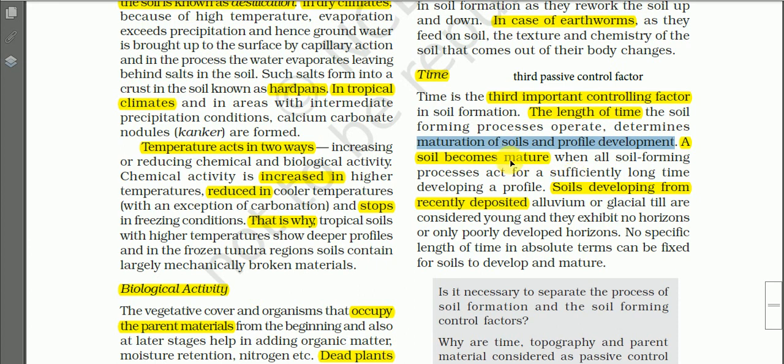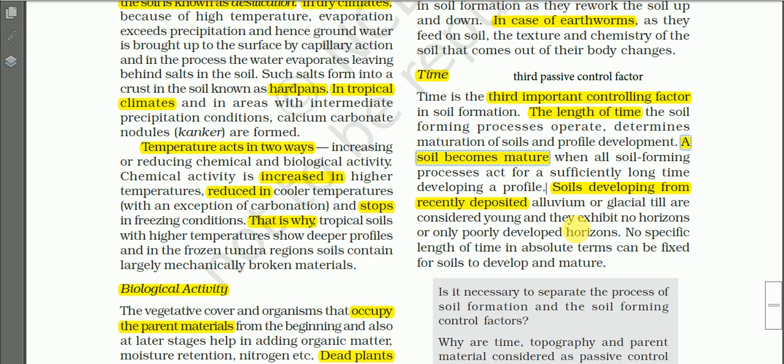A soil becomes mature when all the soil forming processes act for a sufficiently long period of time, developing a profile. That means if it takes a long time, or if the soil is very old, the soil is mature.